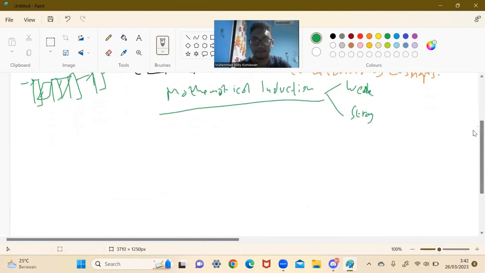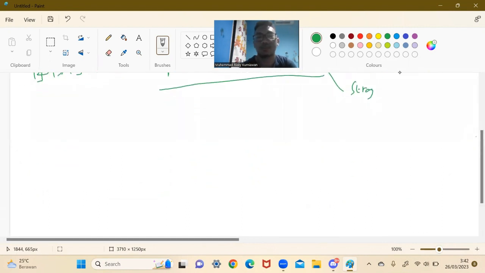Right. So first of all, the first thing I have to do is the base step. Remember, in the base step we have to prove the truth of P1. That means we have to prove that it holds for n equals 1.